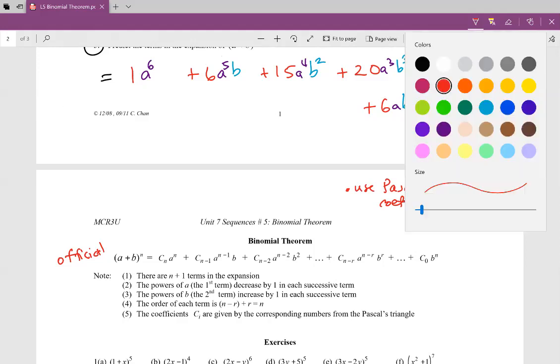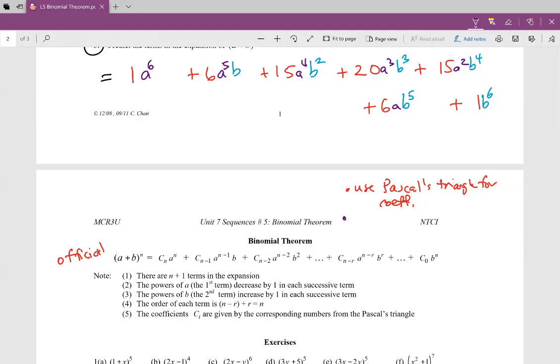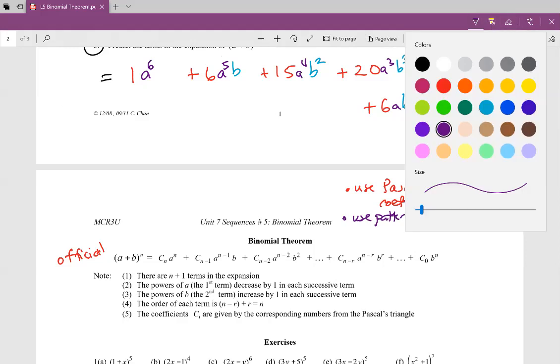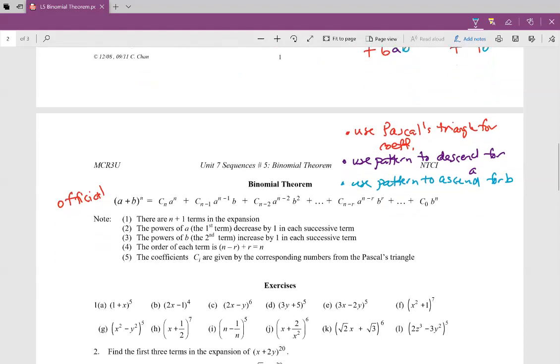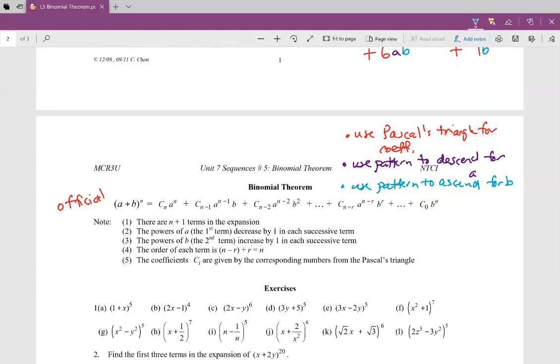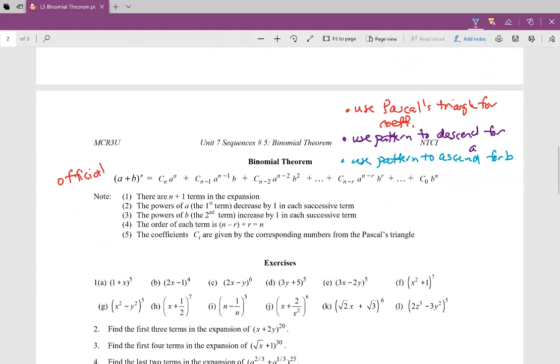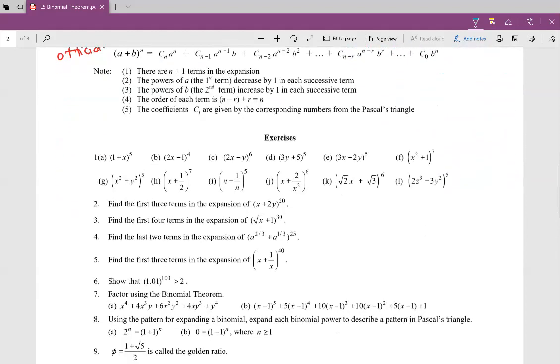And then use the pattern to descend for A. Use pattern to ascend for B. So these examples here, and again, note the notes here actually tell you specifically. I think you can read that yourself, but I think some of you get intimidated by looking at the theorem here. So we're almost done.